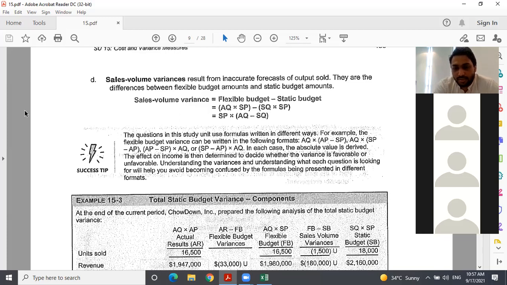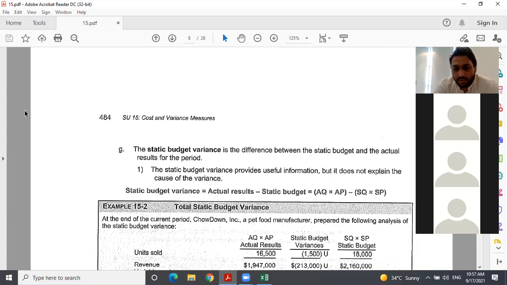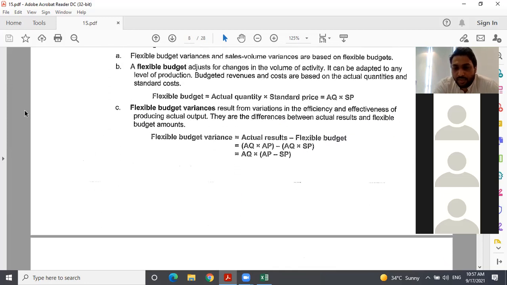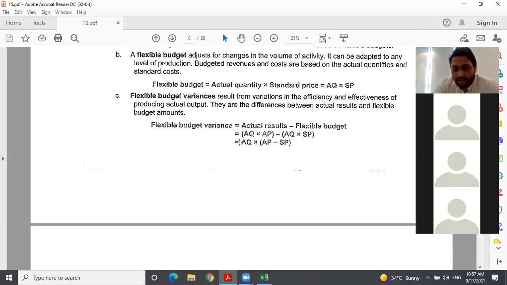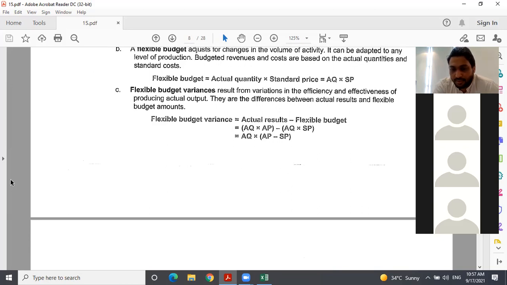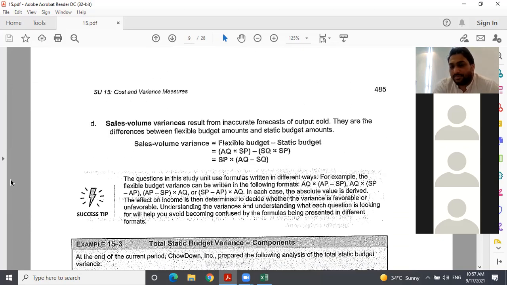If I'm doing the flexible budget variance, then I compare my actual price with my standard price, and the quantity I keep as the actual quantity. And if I'm doing the quantity variance, I compare my actual quantity with my budgeted quantity, and the price I keep as the standard price.